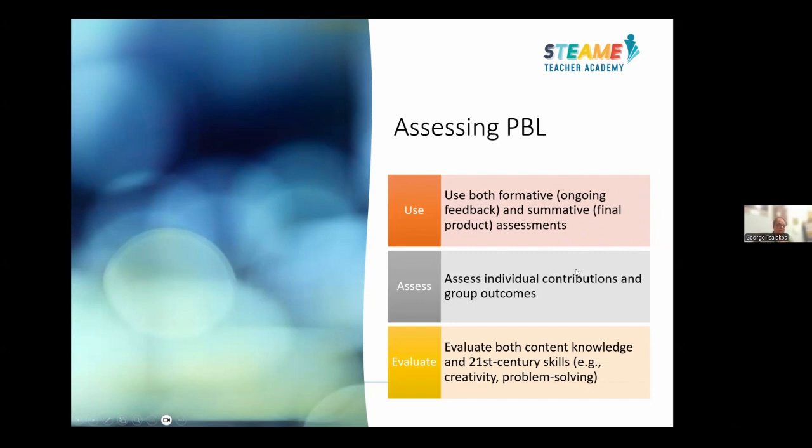We have to assess the individual contributions of our students and the group outcomes. And we have to evaluate not just knowledge, but also skills, like creativity, argumentation, problem solving, etc.